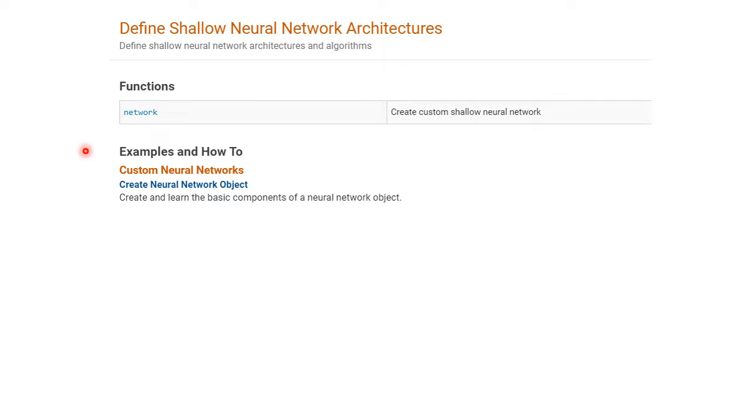But first, we're going to look at the underlying mathematics behind neural networks. We're going to create problems which we will solve with neural networks. So we won't be using this for a while. We're going to establish some theory first, and then we will use this particular part of the toolbox to make neural networks.